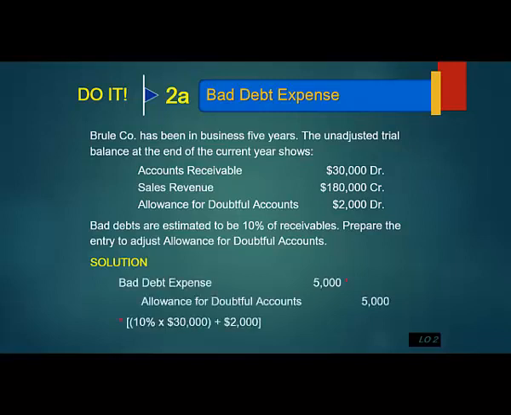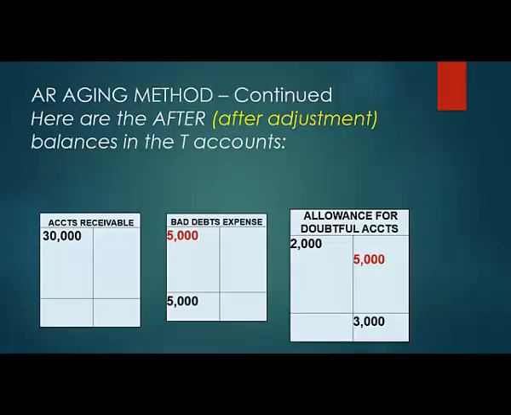But our journal entry is going to be 5,000 bad debt expense, allowance for doubtful accounts, because we have to take into account the beginning balance of allowance for doubtful accounts. Let's look at the T accounts. Beginning balance 30,000 for accounts receivable. Beginning balance allowance for doubtful account 2,000.